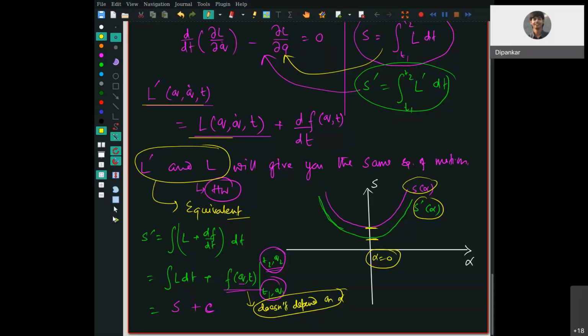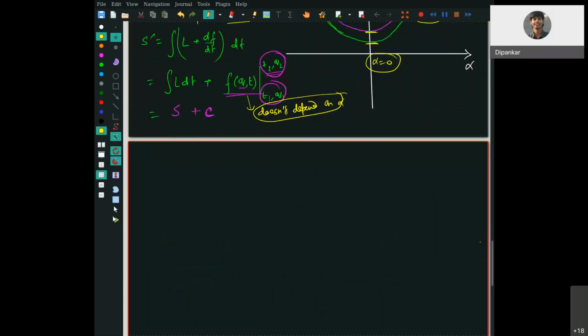Okay. So that gives you an important lesson: the Lagrangian for a dynamical system is not unique. If you are trying to describe a system, you always find a Lagrangian, never the Lagrangian.